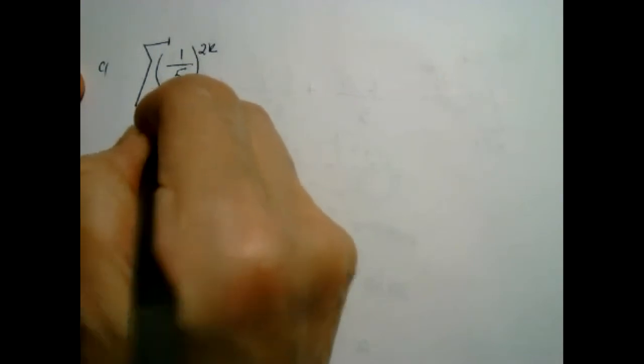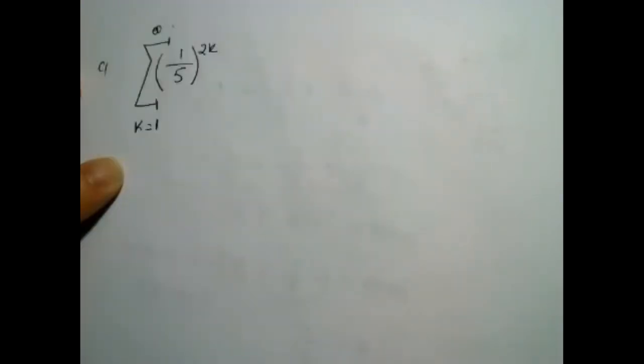Okay. So let me give you another example where the ratio seems a little bit hard now. Suppose I give you something like this. I'm telling you it's geometric because very soon we won't have geometric. 1/5 to the power 2k, k equal 1 to infinity.